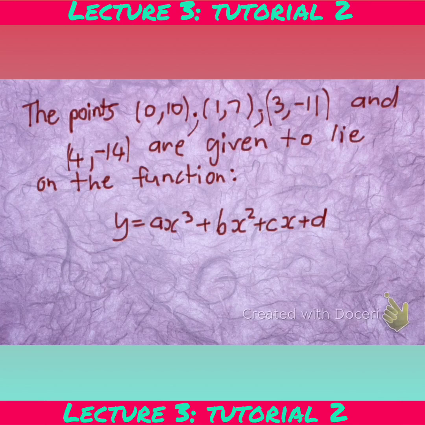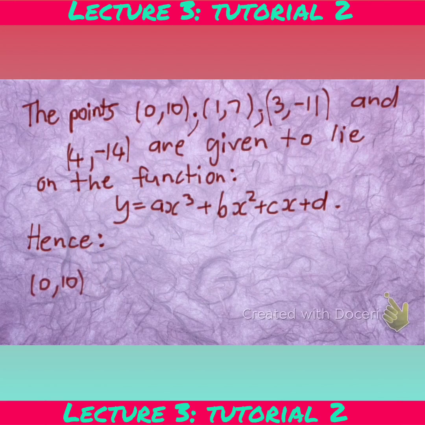We're first going to take the point (0, 10) and plug it into our cubic function. We delete the x's and replace them with 0, and we replace the y value on the left with the value 10.